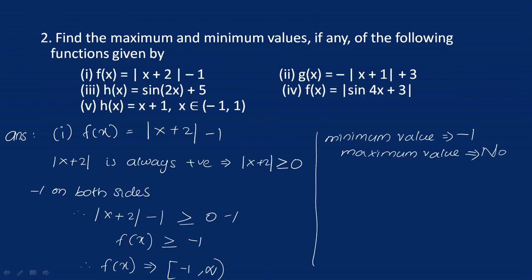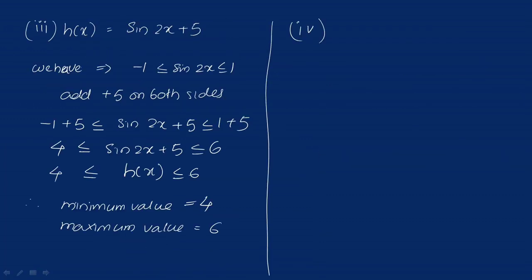Now moving on to the next question, that is f of x is equal to modulus of sine 4x plus 3. We have the range of sine x, that is minus 1 less than or equal to sine x less than or equal to 1, so for 4x, minus 1 less than or equal to sine 4x less than or equal to 1.